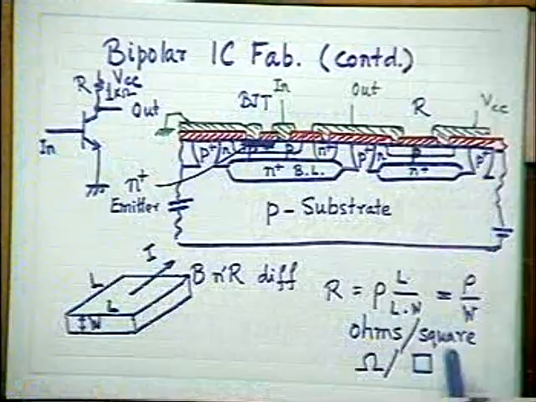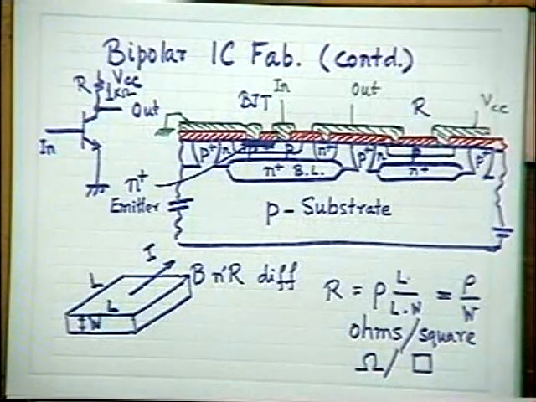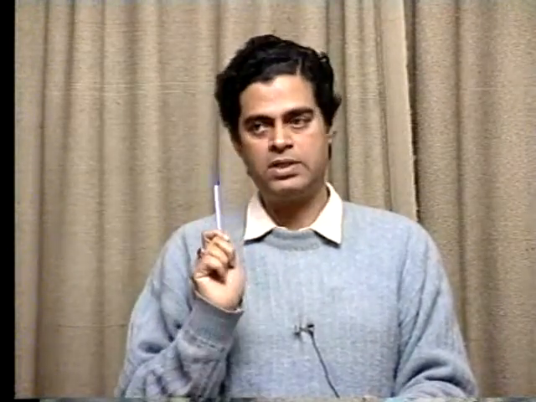This is just meaningful to differentiate it from ordinary resistance. Ordinary resistance unit is ohms, but because also its unit is ohms, R. It is not ohms per square centimeter, it is ohms per square. This square has got just to signify that it is sheet resistance. We use this word square. There is no other.